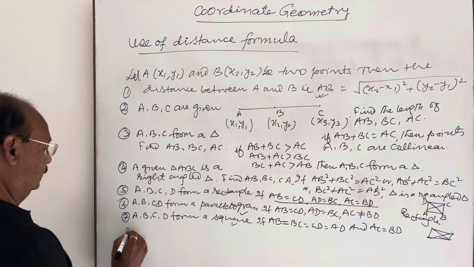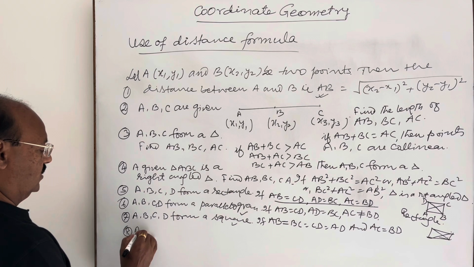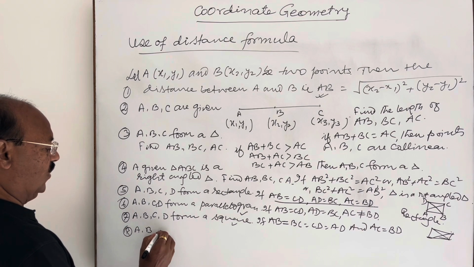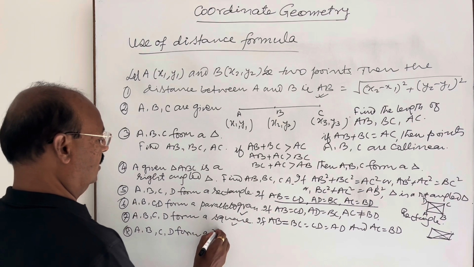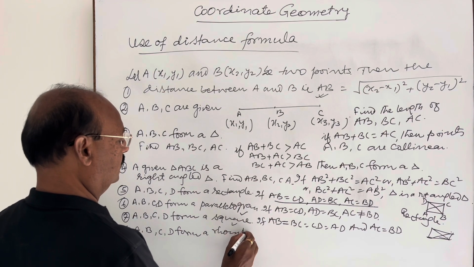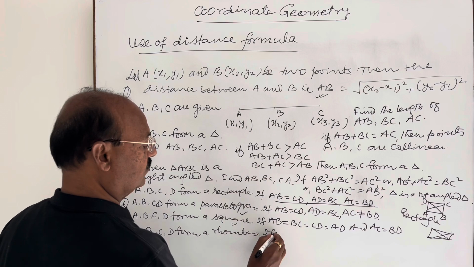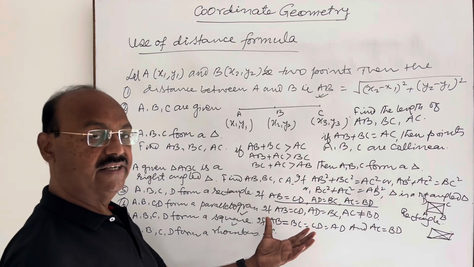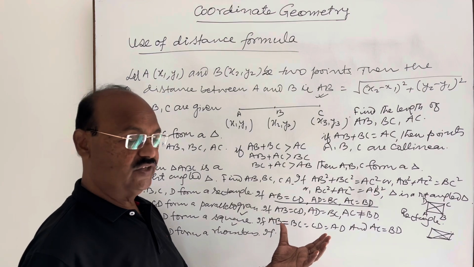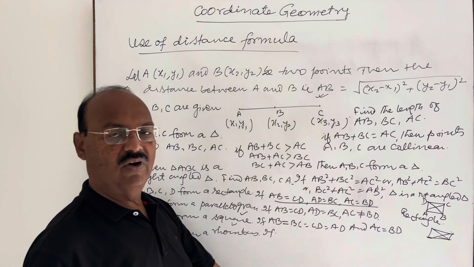And next, suppose we have to show that 4 points A, B, C, D form a rhombus. So what is the condition? All the sides will be equal like a square, but diagonals will not be equal.